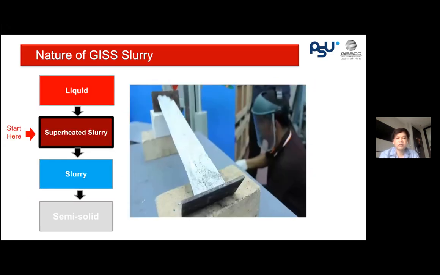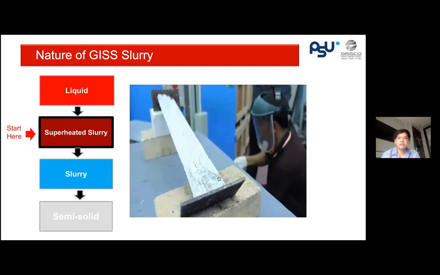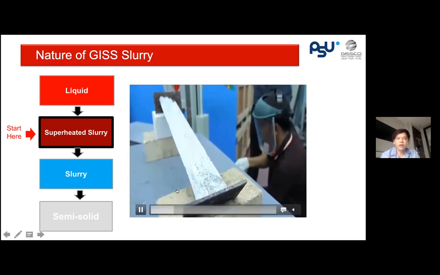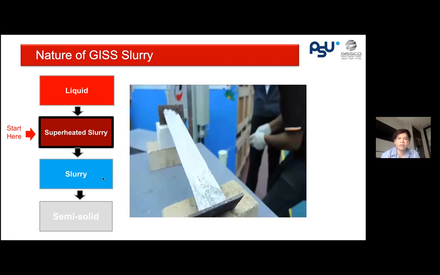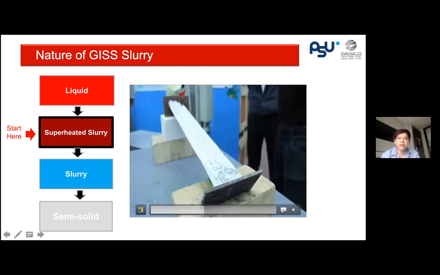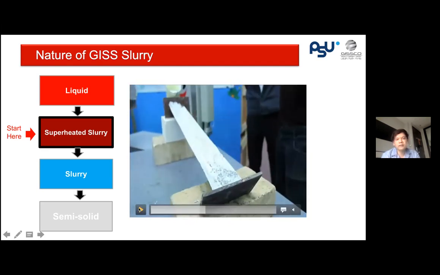So how it looks is this. We start with liquid with some superheat, and then we put the GISS probe in there. You can see here in the ladle it is similar to milk, so very low solid fraction.